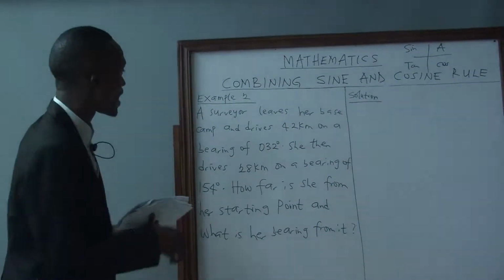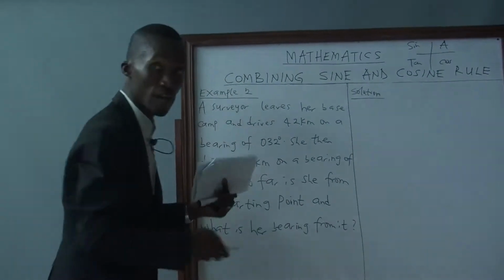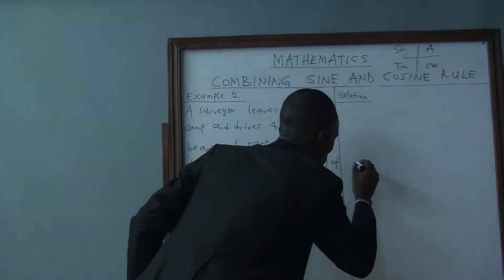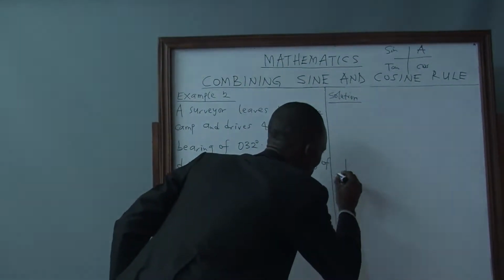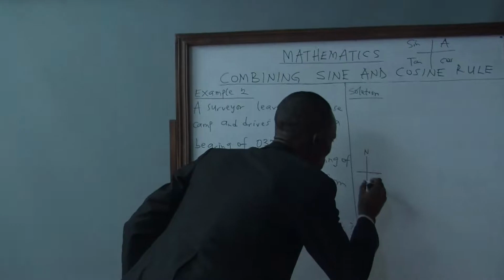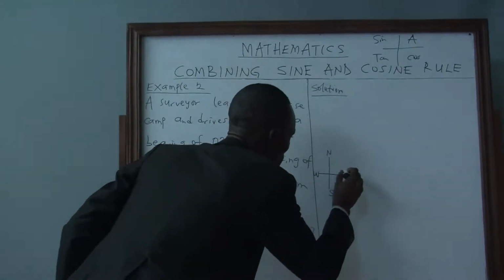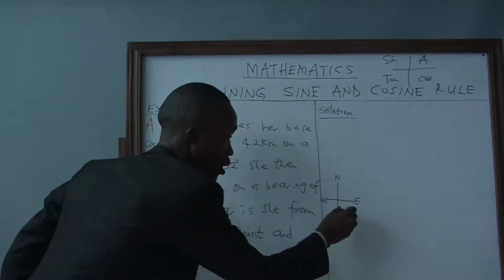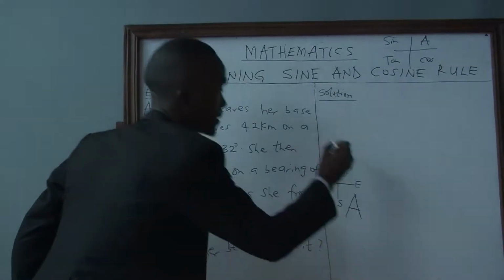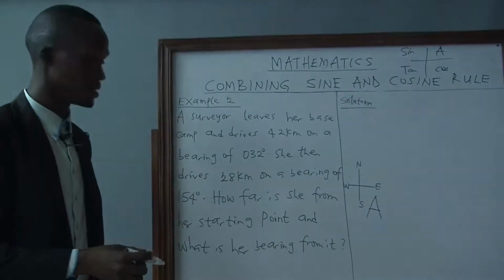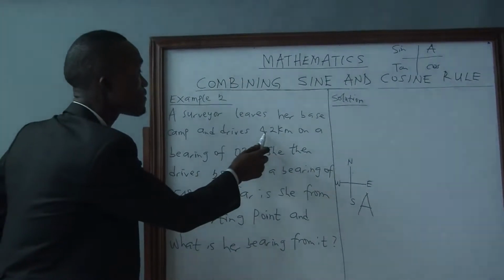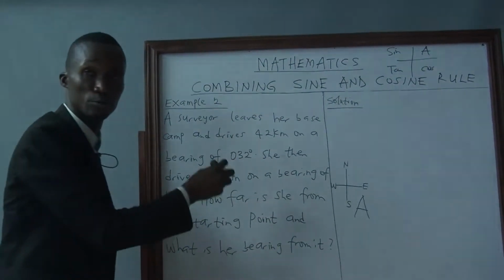Now we start by taking the first one. The surveyor leaves her base camp. So we can just sketch that one. We have these four cardinal points: north, south, west, east. I will call the starting point A. She drives 42 kilometers on a bearing of 032.